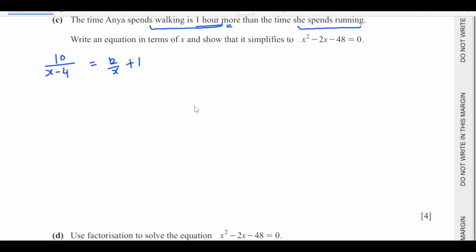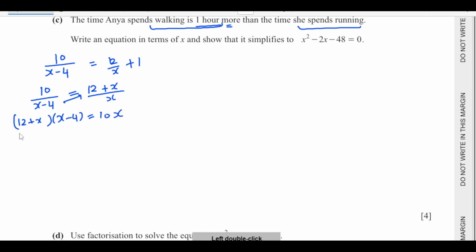So now this is 10/(x minus 4), and if I take the LCM here we can have (12 plus x) over x. Now we cross multiply. So this is going to be (12 plus x) times (x minus 4) equals 10x.